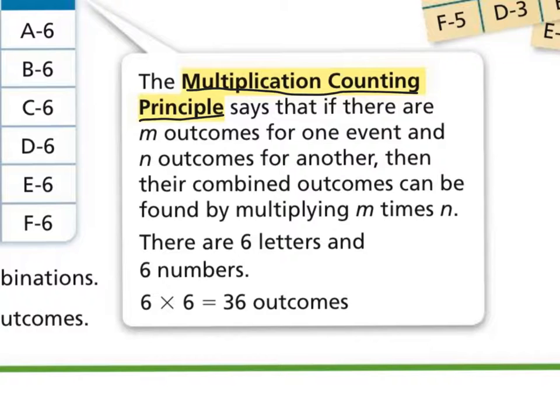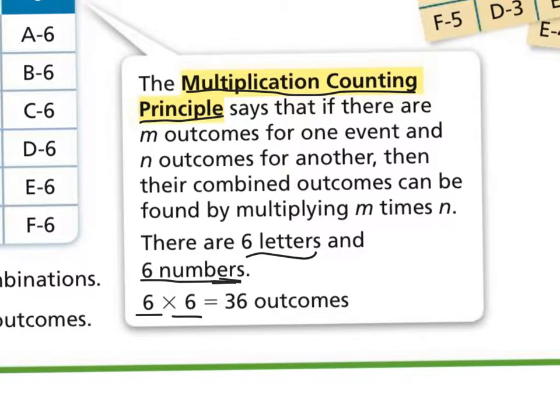In other words, in this problem we had 6 letters and 6 numbers, so we could just multiply 6 times 6 to get 36. That tells us how many possibilities there are. Another name you might see for this is the fundamental counting principle.